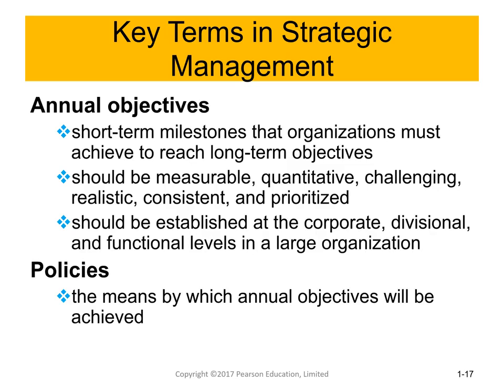Now, organizations may also come up with their own annual objectives. Annual objectives are basically objectives for a fixed time period of 1 year, which are measurable, quantitative, challenging, realistic, consistent, and prioritized.